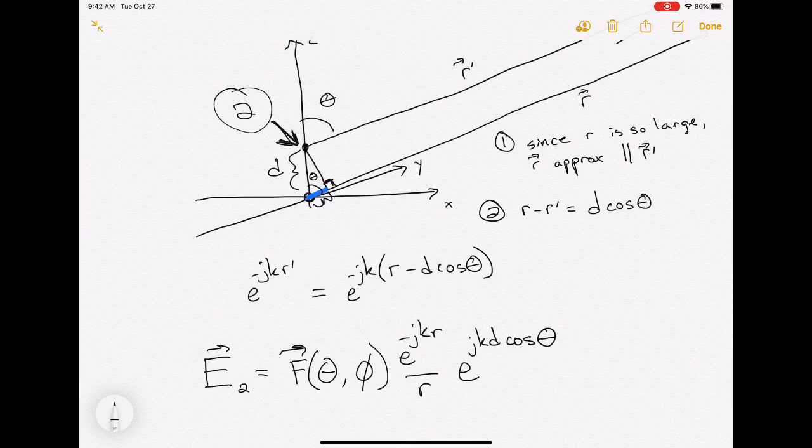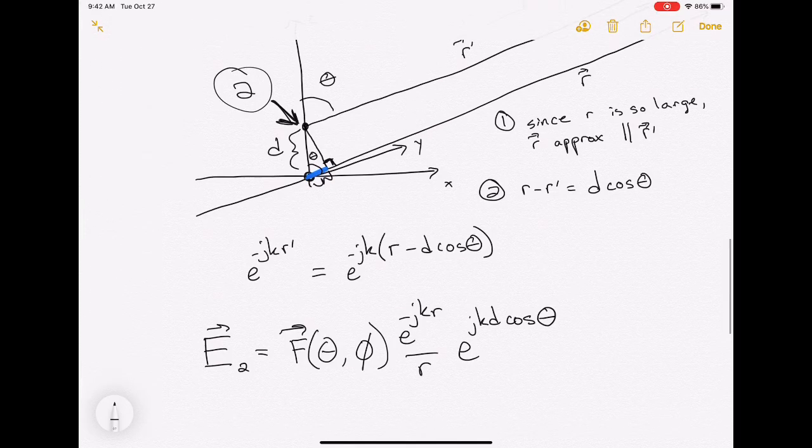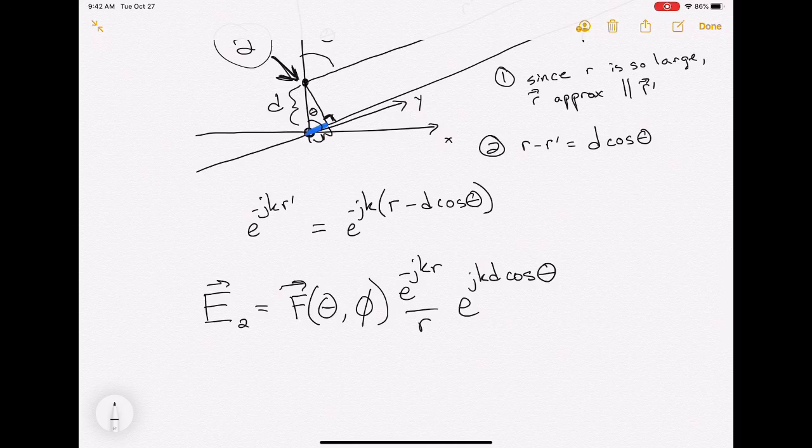And that's it. If you remember what we've talked about the radiation integral being a Fourier transform, you might recognize this as being a statement of the phase shift property.